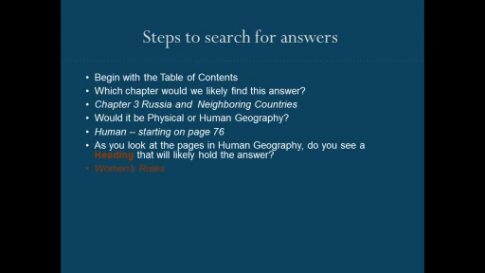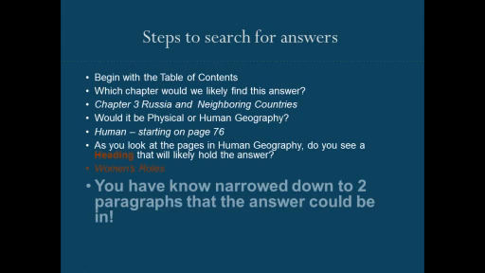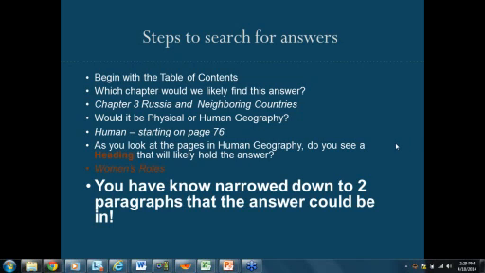We've now taken a full lesson of over 100 pages and narrowed it to just a few paragraphs. By using the table of contents, and some of the clues within the question and within the textbook, we're now able to narrow it down to 2 paragraphs. That makes our lives significantly easier as we want to find this answer.